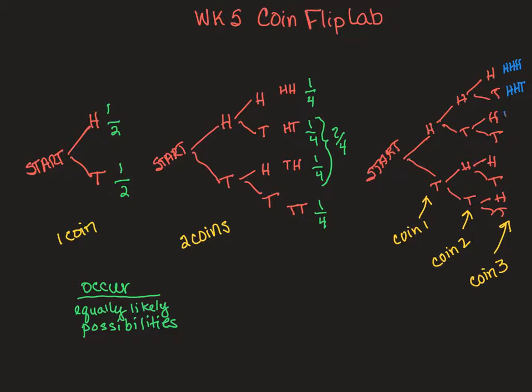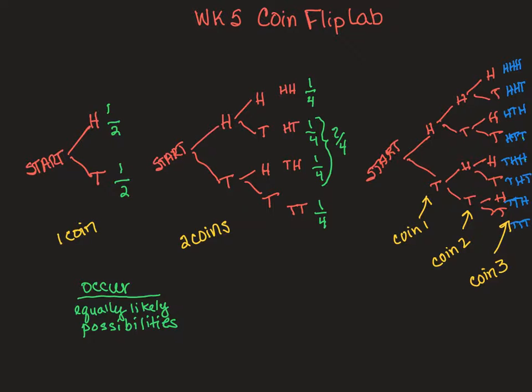I got head, tail, head, head, tail, tail, tail, head, head, tail, head, tail, tail, tail, heads, and tail, tail, tail. Now I'm looking for similar things to see the probability. I have 1, 2, 3, 4, 5, 6, 7, 8. I have 8 possibilities.